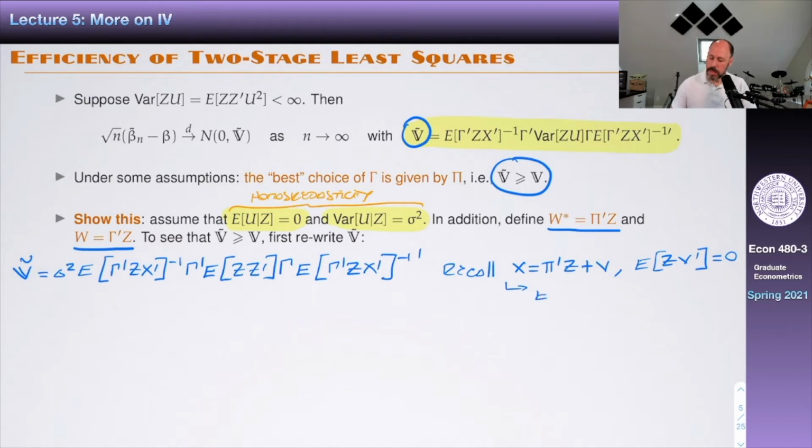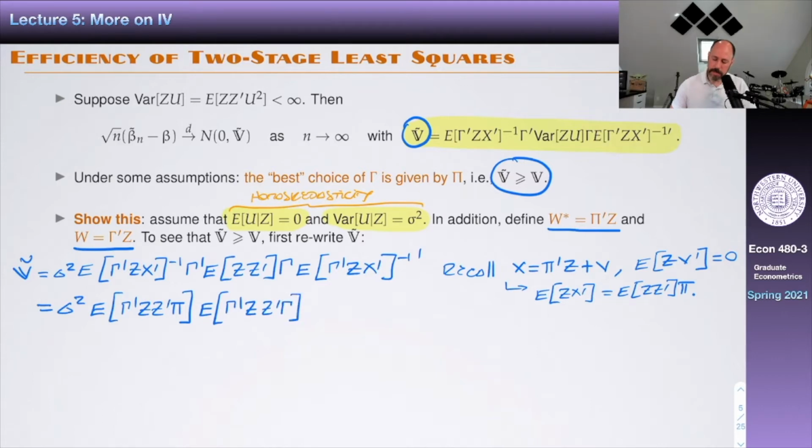So what this means is that the expected value of z x prime you can write as the expected value of z z prime phi. And I'm going to use this again. We used this before, last week, in the proof for two-stage least squares. Let's use it here. So I'm going to have sigma squared times the expected value of gamma prime z z prime phi. Let me take these gammas inside the expectation here. So I'm going to have the expected value of gamma prime z z prime gamma.